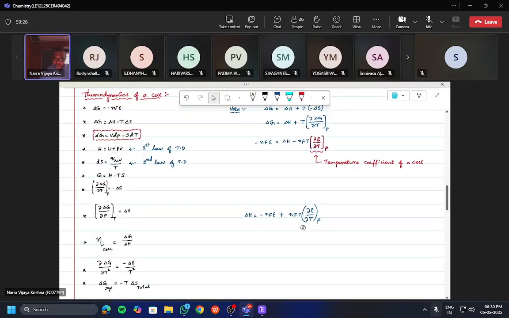If dou E by dou T at constant P is less than 0, what happens? If this term is negative, what happens to the delta H term?